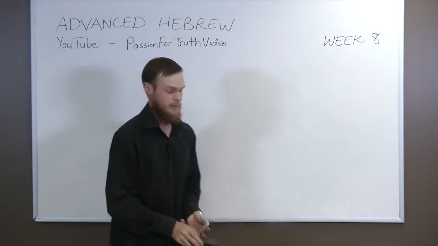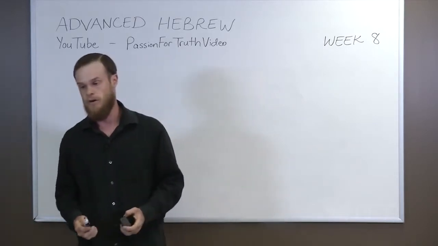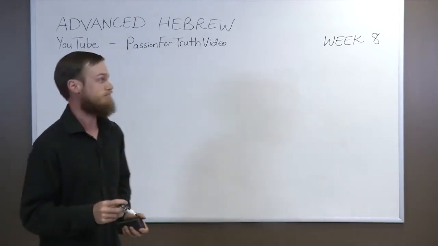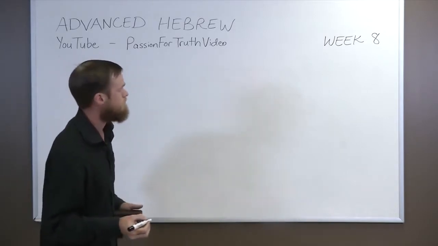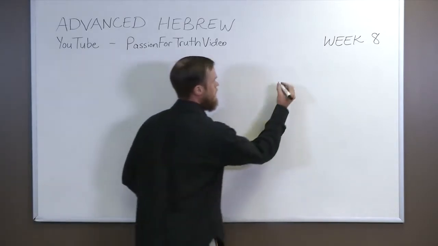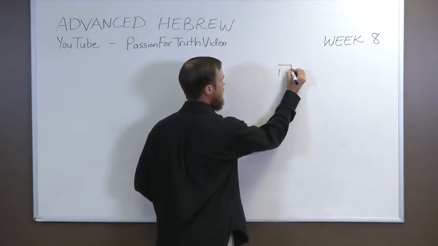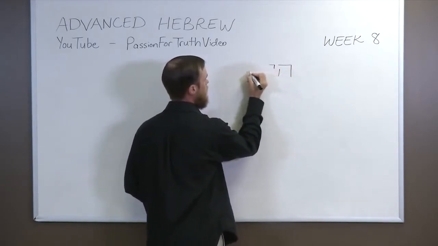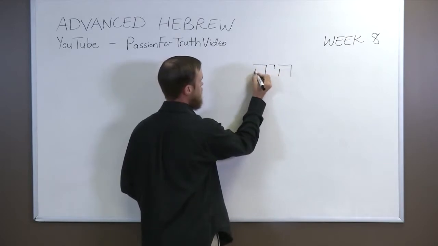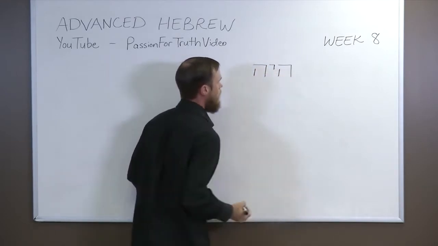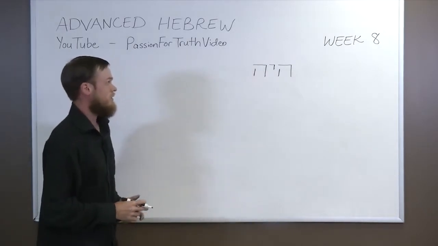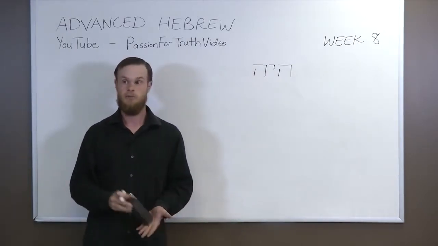So I've got 3 big topics today. PL was one of them. The second one is a particular conjugation of a particular word. This verb, rather this root, hey, yud, hey, is the most fundamental verb in the Hebrew language.